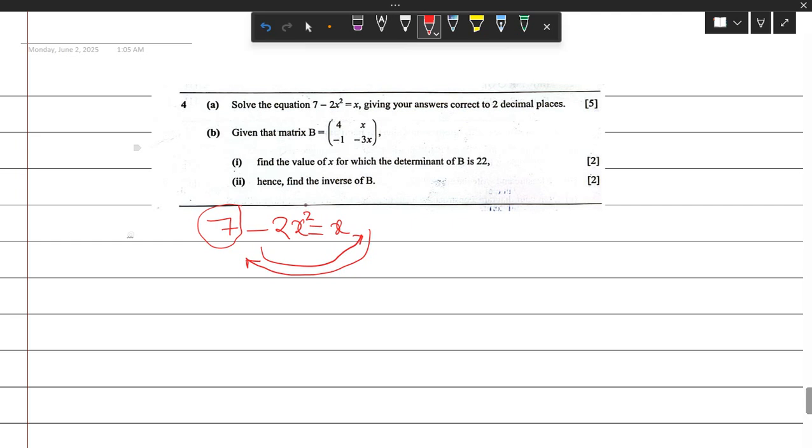Then this number here is a negative number, so when it comes this side, it will be a positive number. And for x, there is nothing in front, which means the variable is what? Positive.